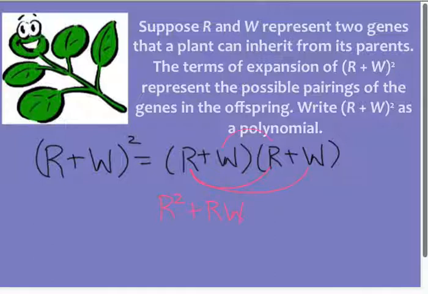Then W times R, so plus RW. And then lastly, W times W, so plus W squared. Lastly, I would combine my like terms. So I would get R squared plus 2RW plus W squared. This would be my polynomial.